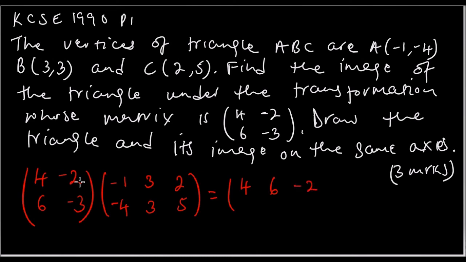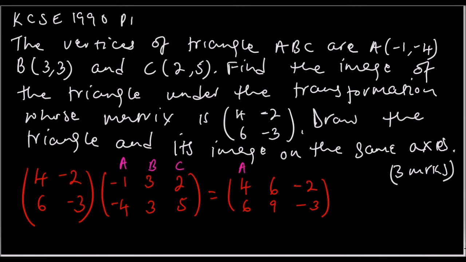Come to the second row, we have 6 multiplied by minus 1 is minus 6, plus 12, that will give you 6. Then we have 18 minus 9, that will give you 9. And finally we have 12 minus 15, and that will give you minus 3. So that is what you get once you multiply. We can say this is our A, this is our B, and this is our C.